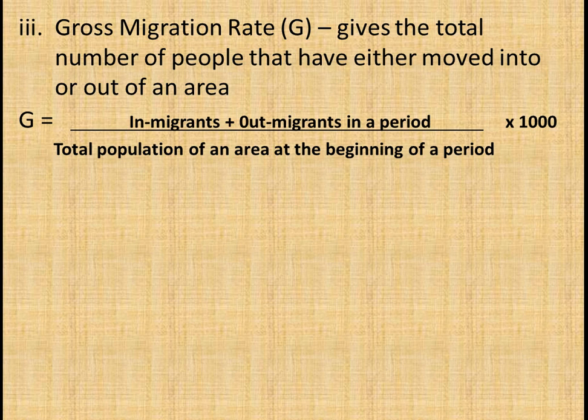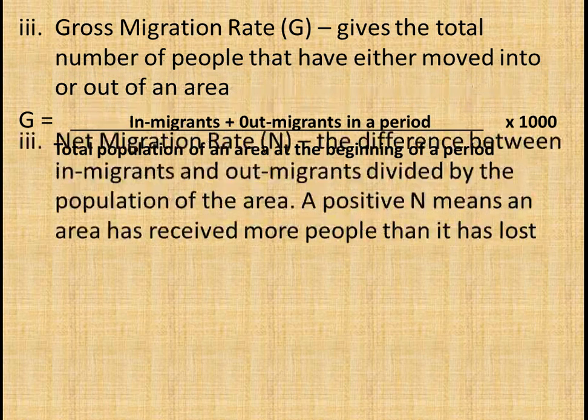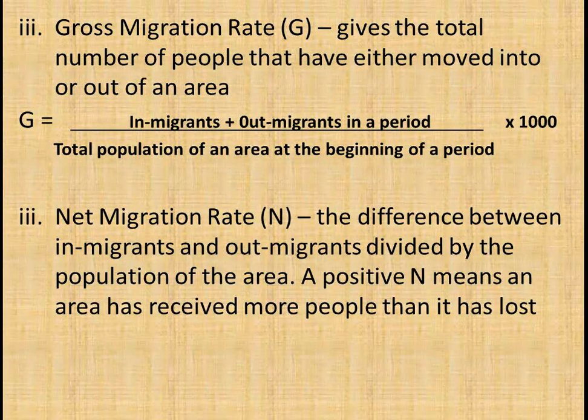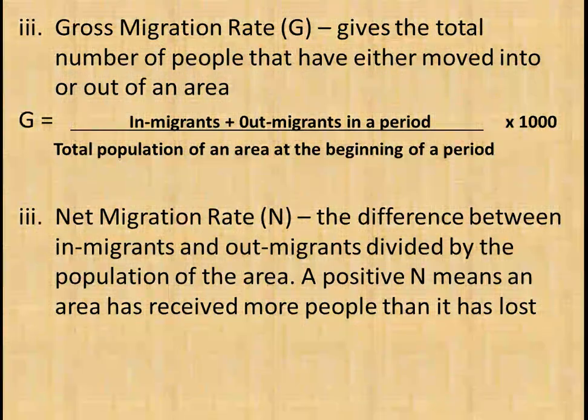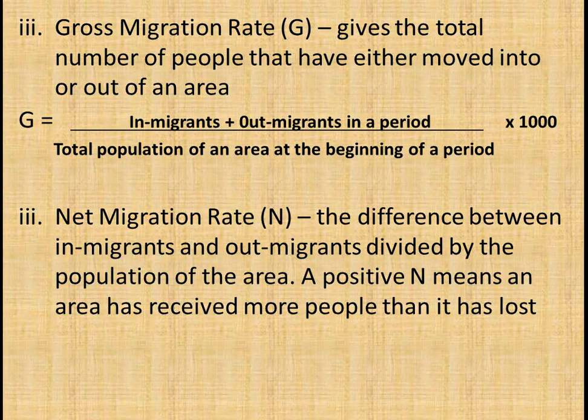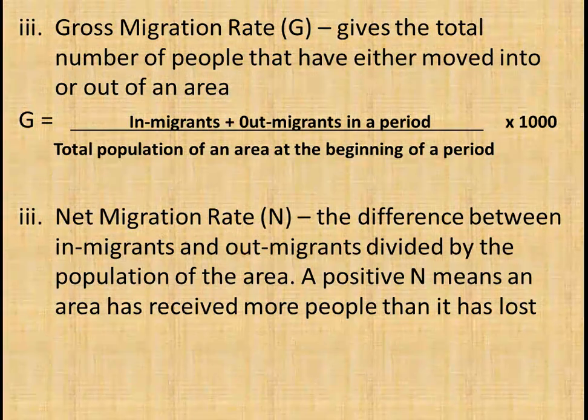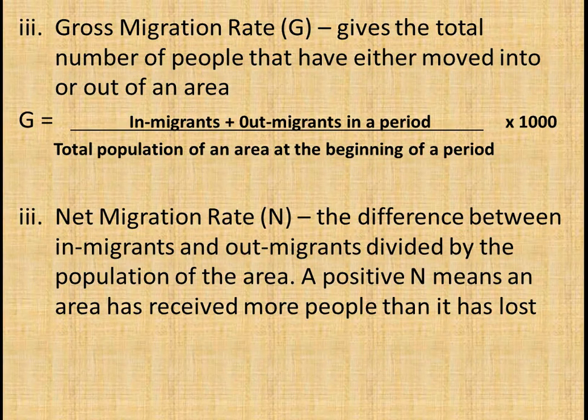And then we have the net migration rate, denoted by the letter N. The net migration rate is the difference between in-migrants and out-migrants divided by the population of the area.